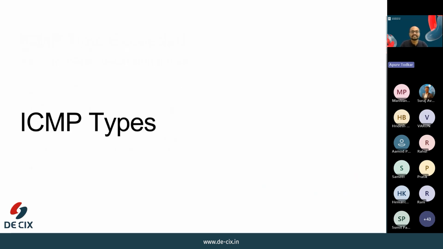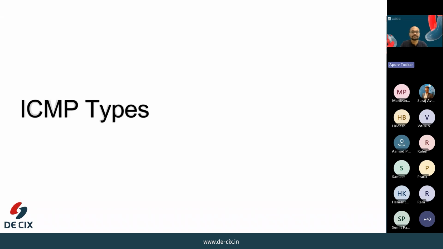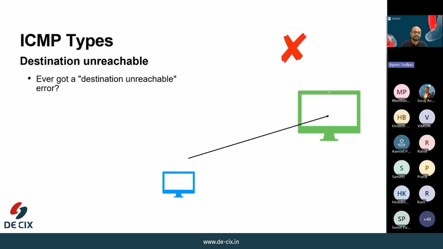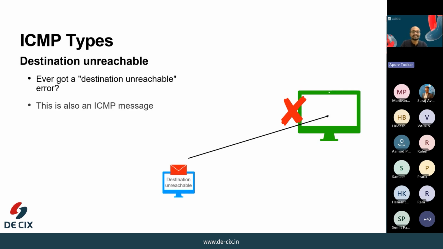There are other ICMP message types also. One common example that I want to share is destination unreachable that you must have seen. Have you ever seen any destination unreachable error message on your browser or application? That's actually an ICMP message being sent back to you. In this case, the ICMP type is 1 and the code field provides more specific information about why the packet couldn't be delivered.